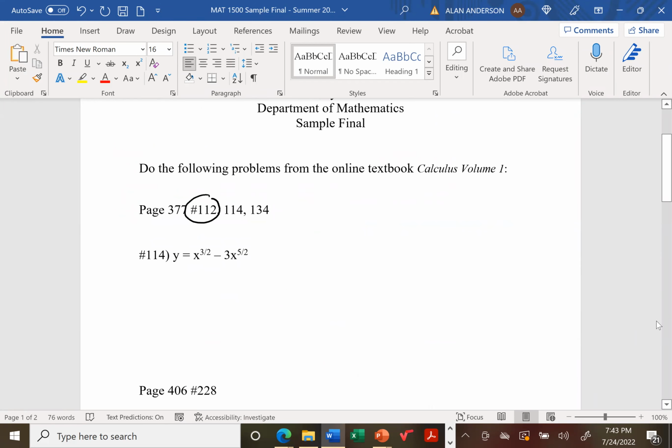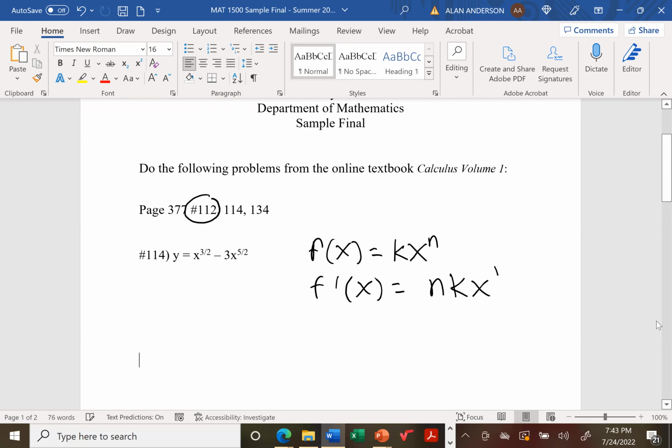Okay, so we can easily use the power rule here on both of these terms. Remember, that means that if f of x equals kx to the n power, then f prime of x is nkx to the n minus 1 power. Okay, so we've seen that many times.